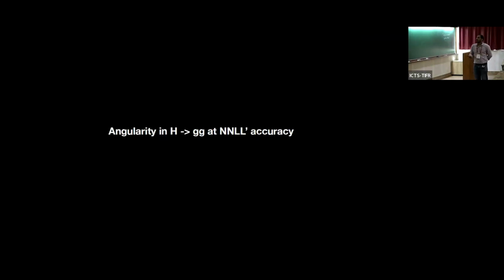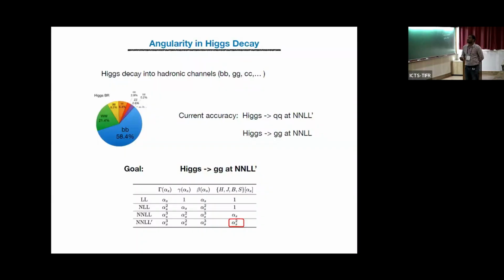So far I discussed the DIS angularity. Let me quickly go through the recent findings in this direction for Higgs to gluons at NNLL accuracy. We all know that the Higgs decay has contributions from several channels, and here is the pie diagram of it.